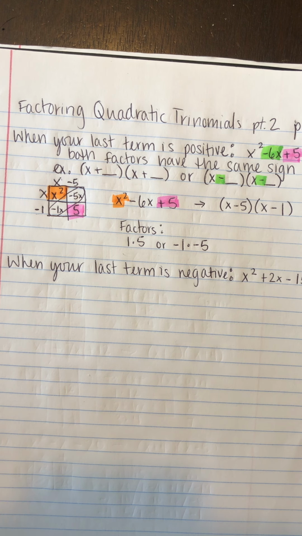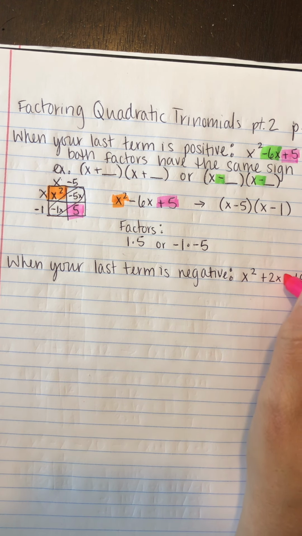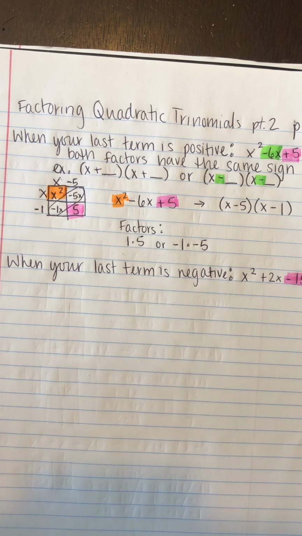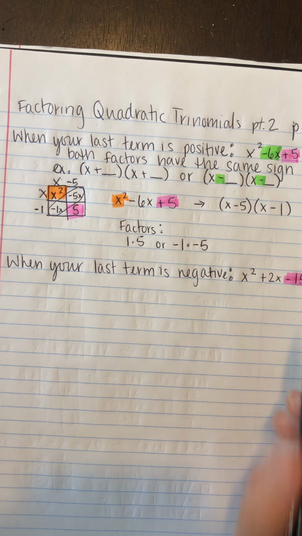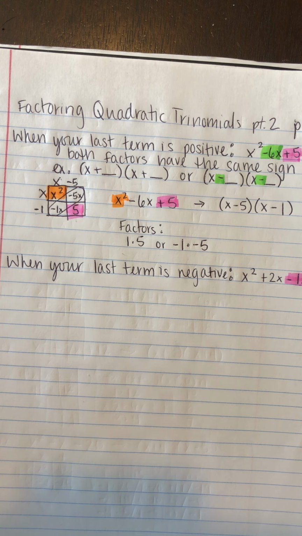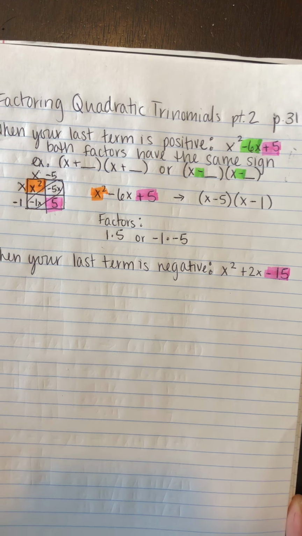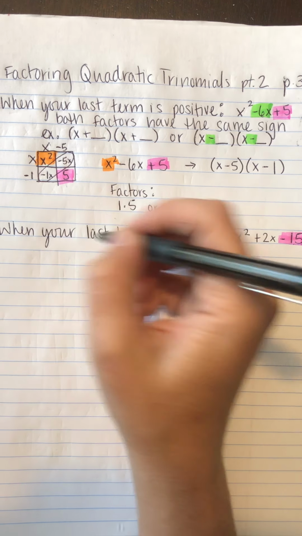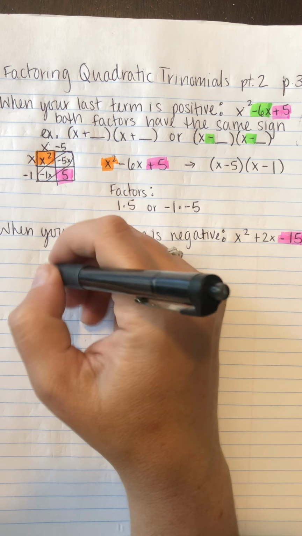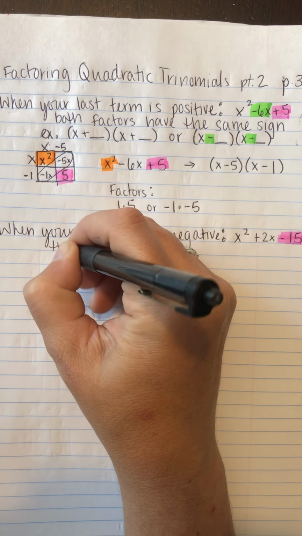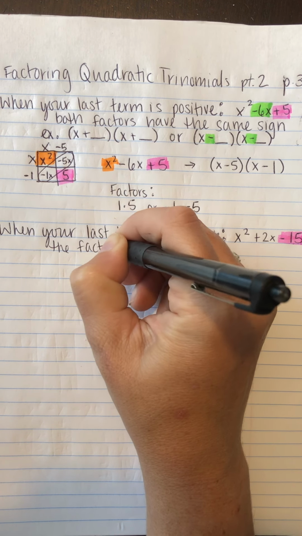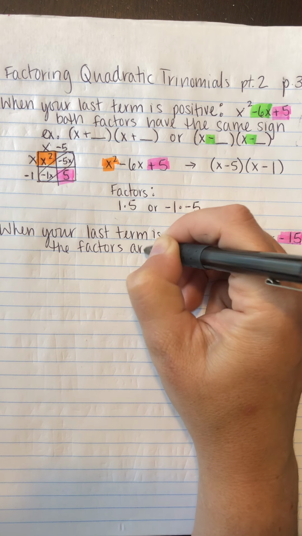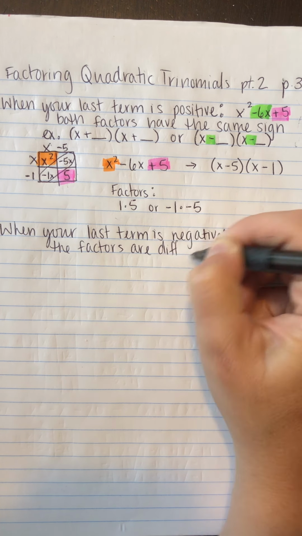All right, so here our very last term is a negative, so that's going to tell us something important. So if you think about what creates a negative number when you multiply, it's going to tell you that you have different signs within your factors. Okay, so when your last term is negative, the factors are different.